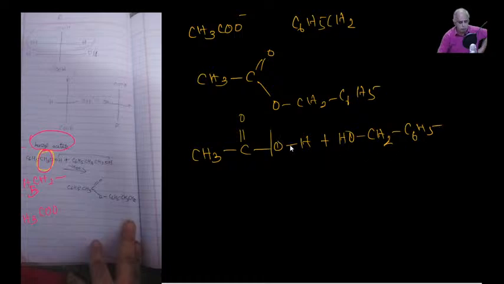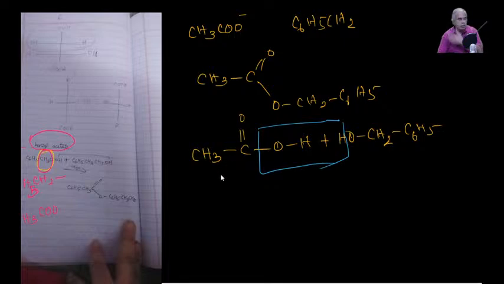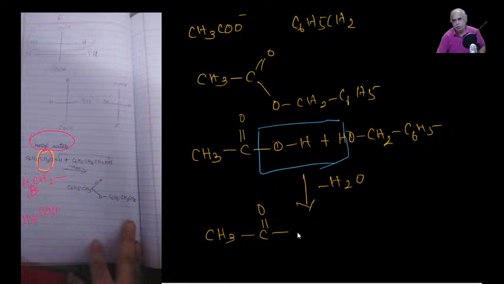So take that OH and here H, minus H2O, so that you are able to get CH3C double bond O and then O CH2C6H5.